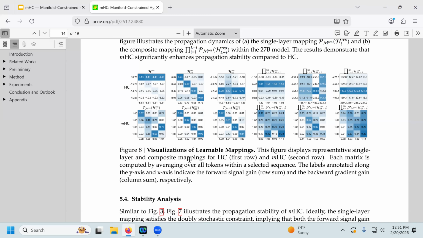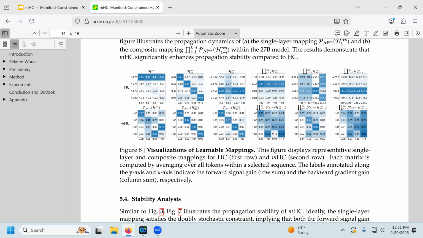Any other questions? If you could summarize the novelty of the paper in one or two sentences. The novelty is that multi-stream residual connections provide us some benefits, but also caused some instabilities in previous work.